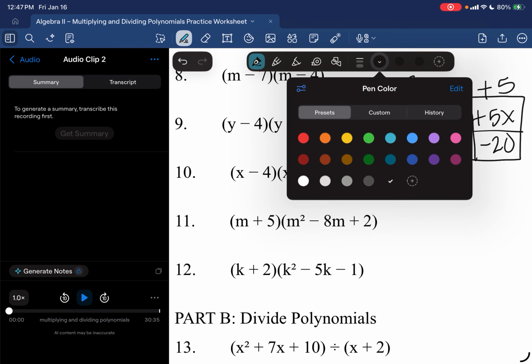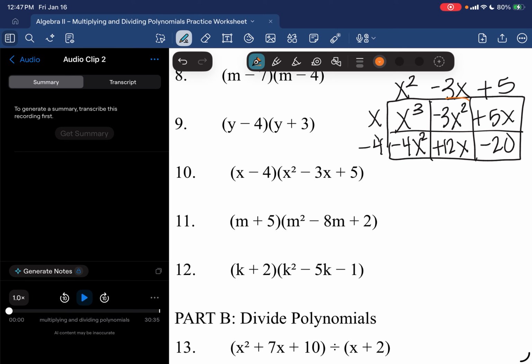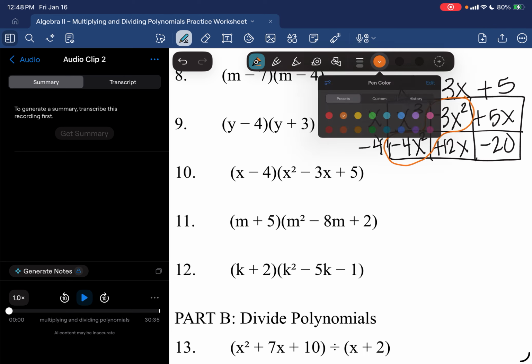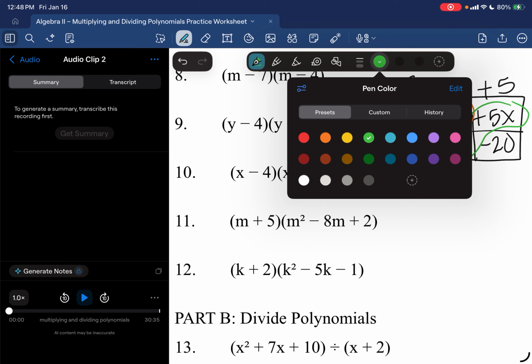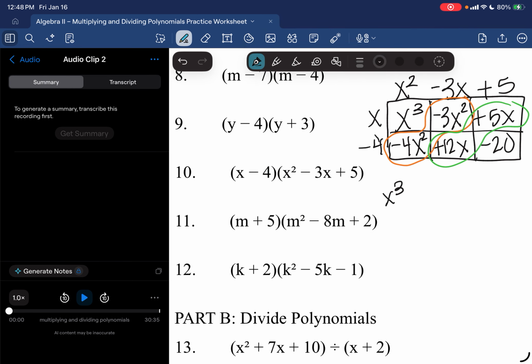Go ahead and draw your peanuts. Like terms: x cubed, minus 4x squared minus 3x squared, plus 12x plus 5x. Okay, so 12x plus 5x is 17x.